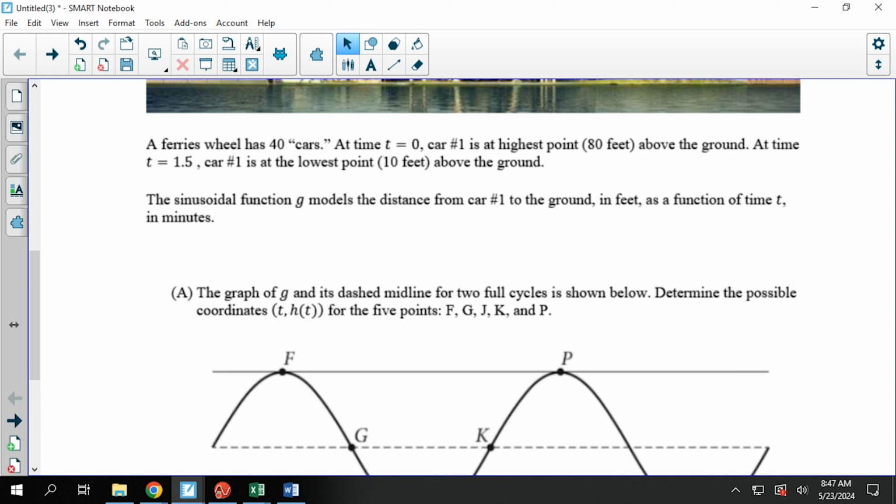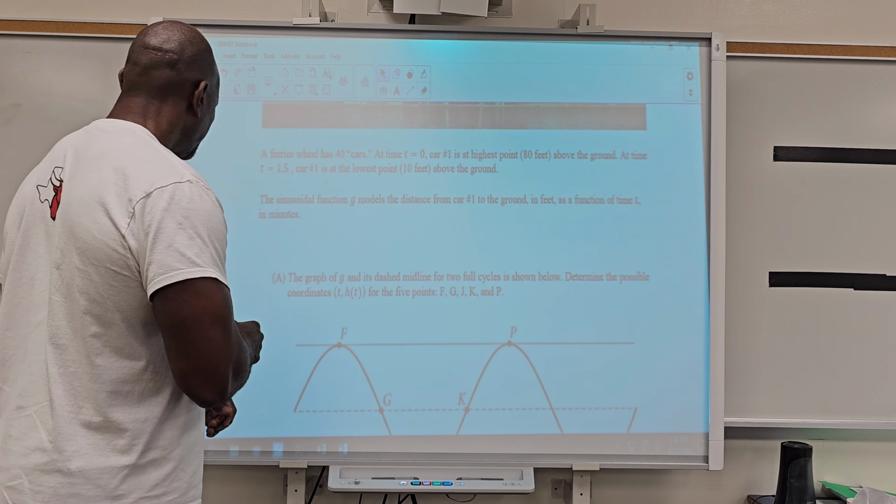At time t equals 0, car number 1 is at the highest point, 80 feet above the ground. At the time t equals 1.5, car number 1 is at the lowest point, 10 feet above the ground. The sinusoidal function g models the distance from car number 1 to the ground in feet as a function of time t in minutes. Okay?